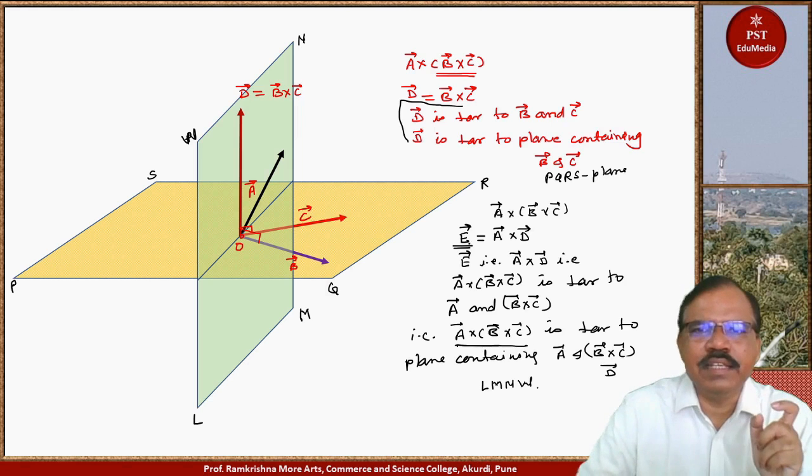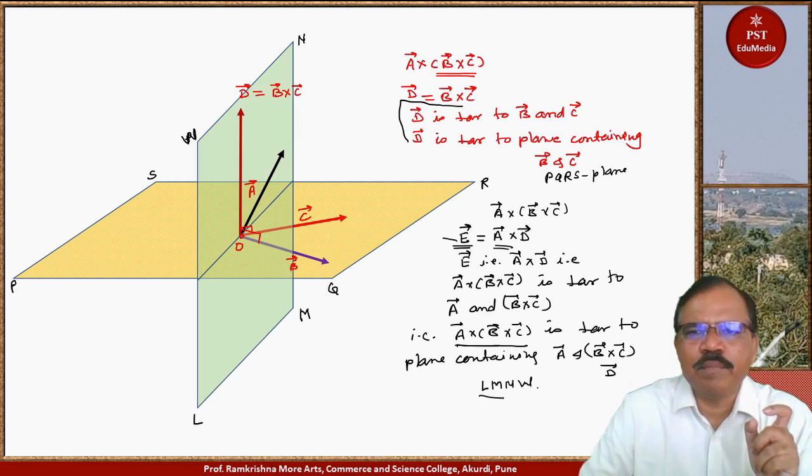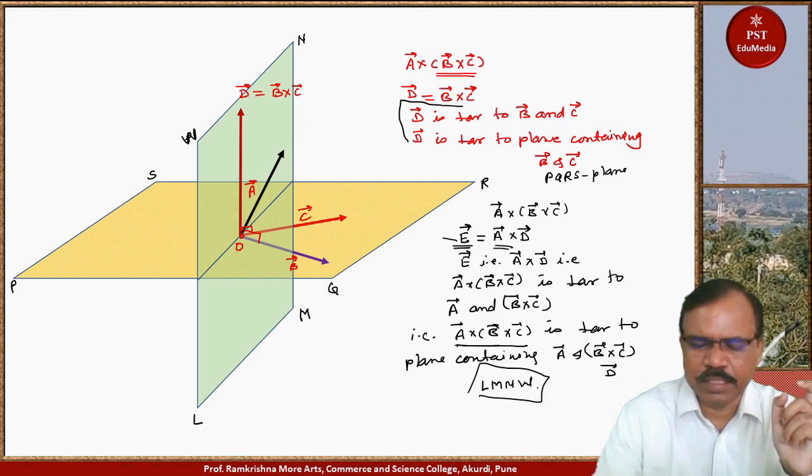And this E, that is A cross D, is perpendicular to L, M, N, W. Means what happens here?